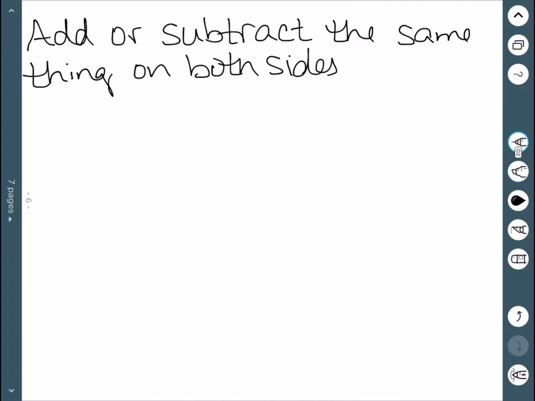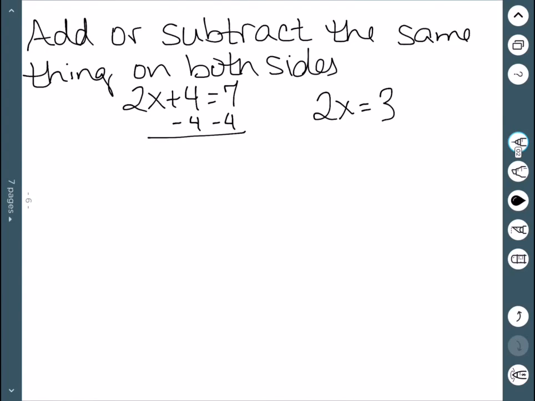The next one will be to add or subtract the same thing on both sides. For instance, 2x plus 4 equal to 7. If I subtract 4 from both sides, I'll be left with 2x is equal to 3. So these are equivalent, and all I did was subtract 4 from both sides. So this is the third allowable operation.